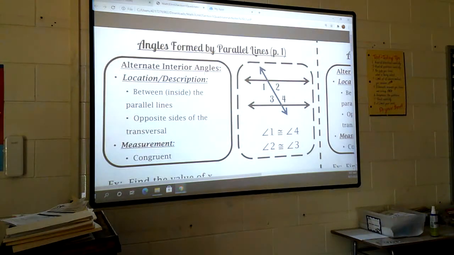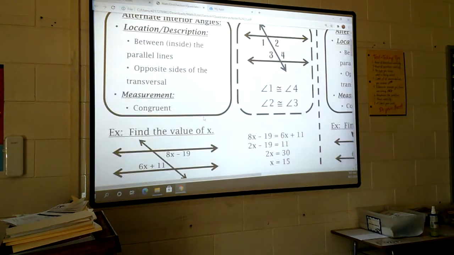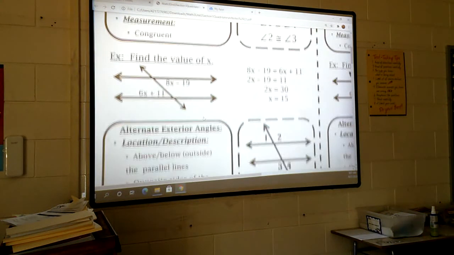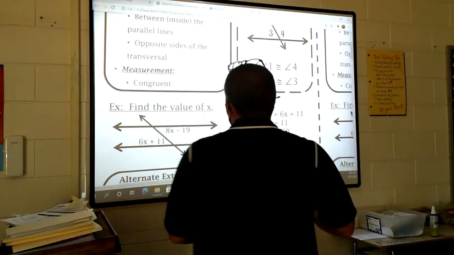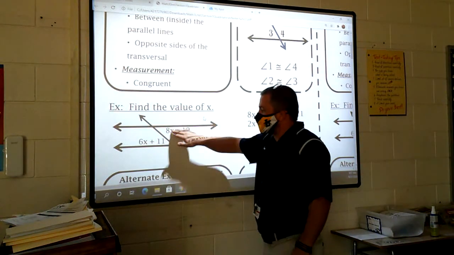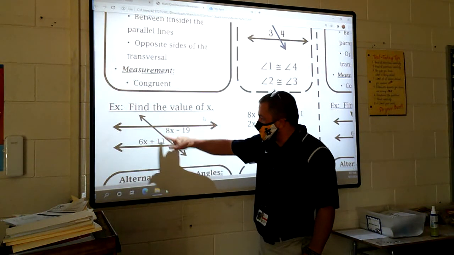Now, instead of giving you the measure of one of them, I can also do this example down here. I can say find the value of x. Without giving you the measure of these, you know that we're talking about this angle and this angle.